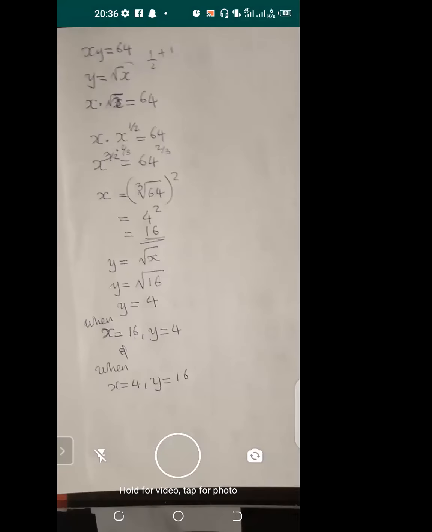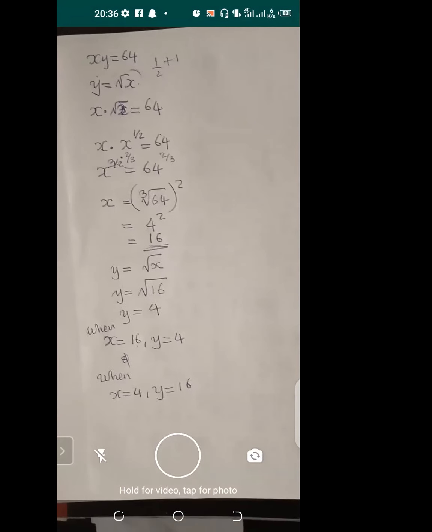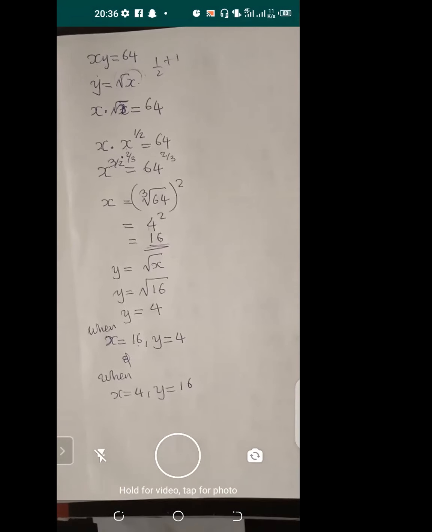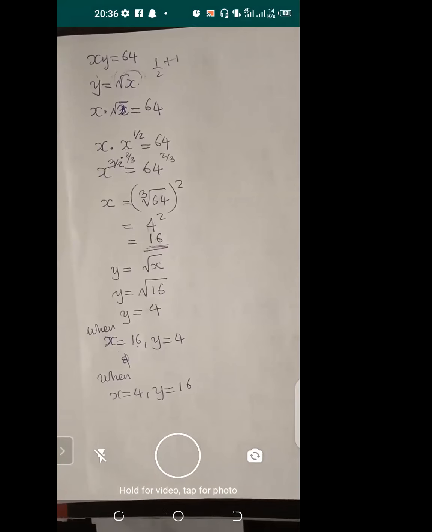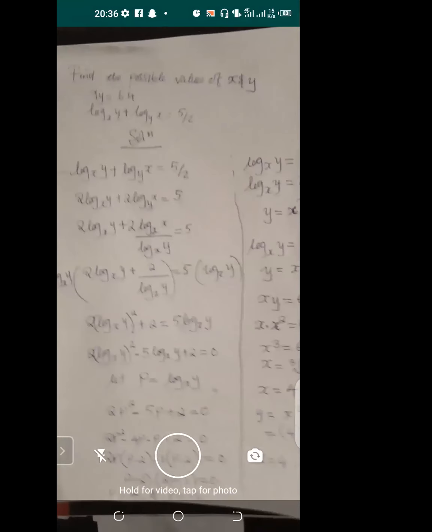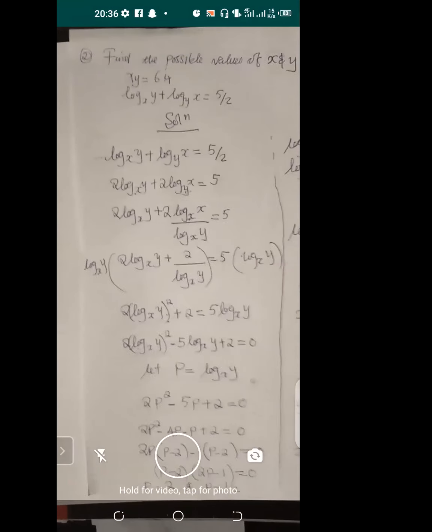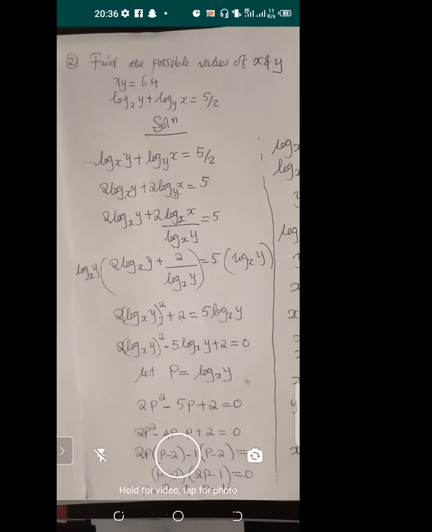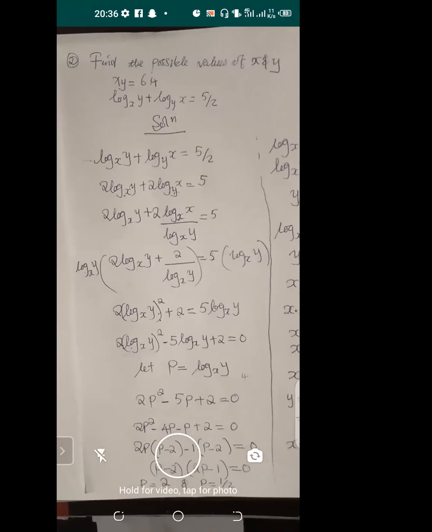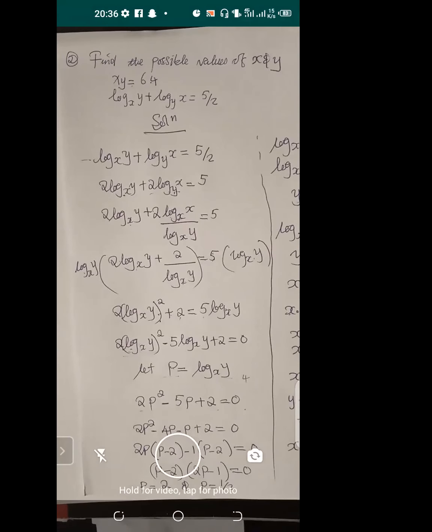Oh, excuse me, sir. Can you show the first page where the question is? What is the question? This one? Yes, sir. Now they are making the nine. Oh my God. Oh, okay.